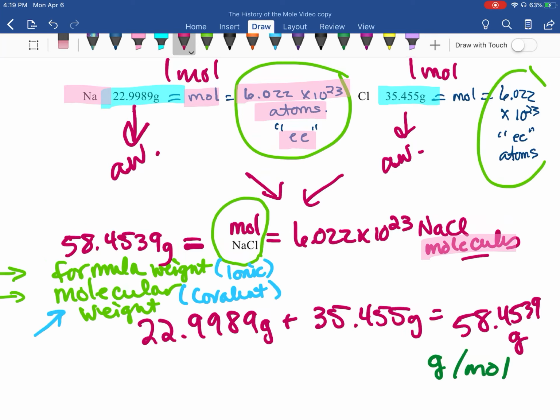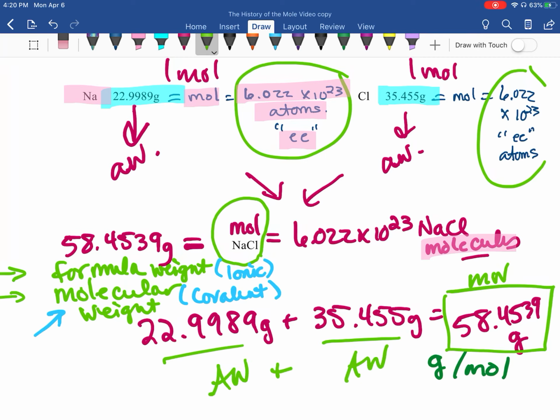Only now the actual particle is the sodium and the chlorine stuck together, sodium chloride. So now this is a molecule, and we use a molecular weight, and it is the sum of your atomic weights. And we now have a whole new particle, or EE, and it is a molecule. So we do the exact same math for atoms as for molecules. You just have to keep in mind what is your particle or what is your EE. Is it an atom or is it a molecule?